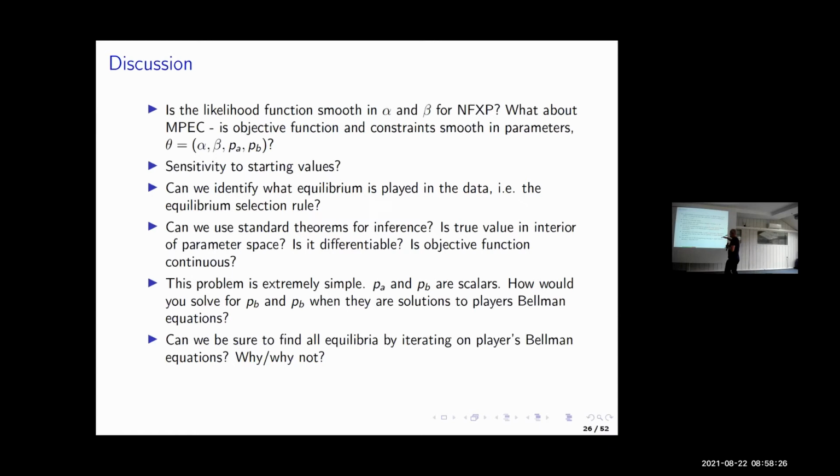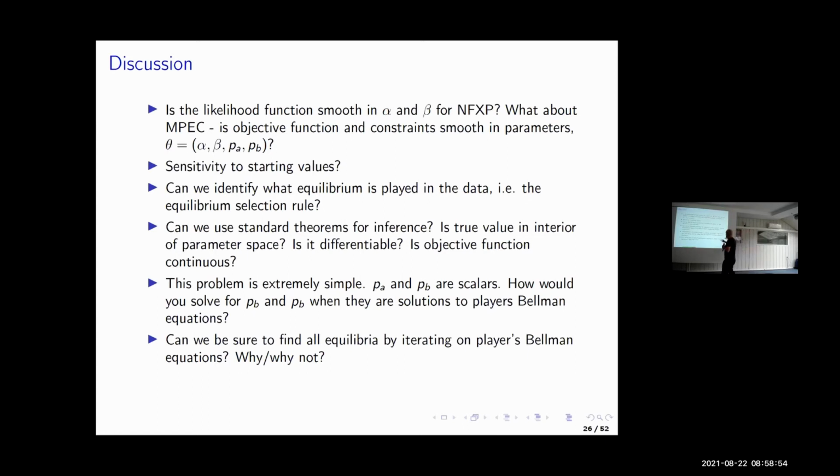What about standard theorems for inference? If you were to calculate standard errors, usually we assume we can calculate the derivatives of the objective function, the likelihood function. In the second order derivative, you need to invert the Hessian to get the variance covariance matrix. Well, that's going to be a little bit dodgy if it's non-differentiable.